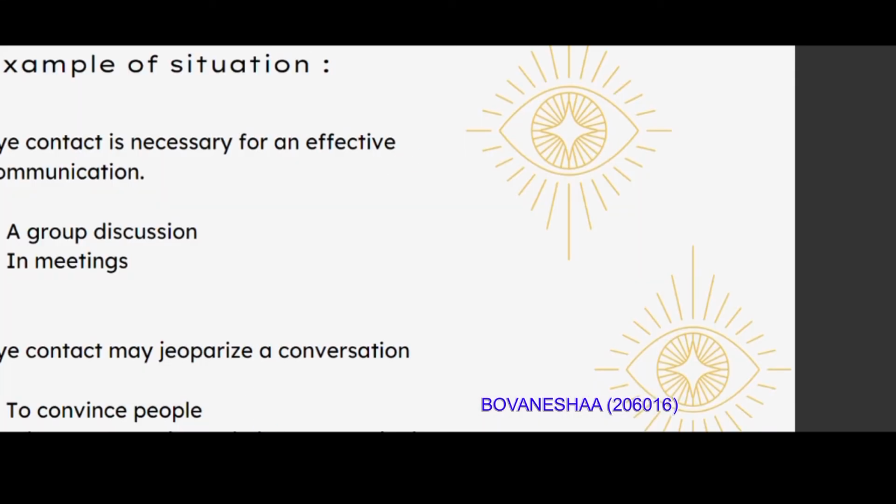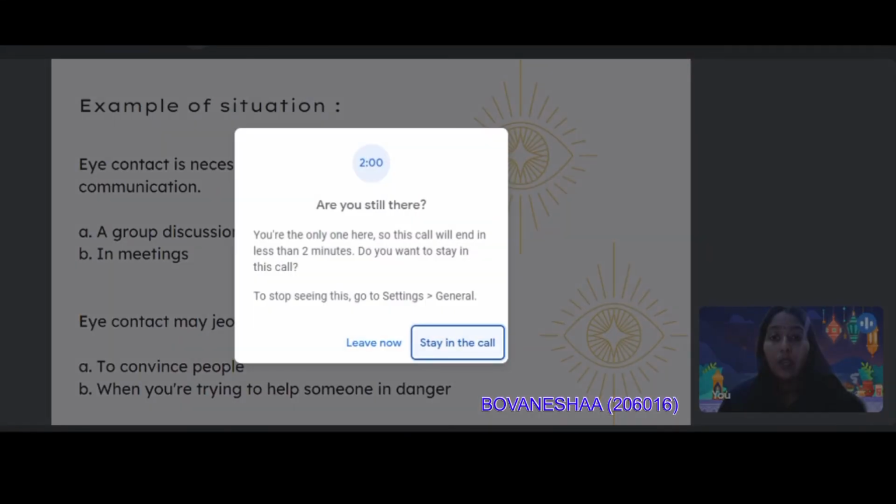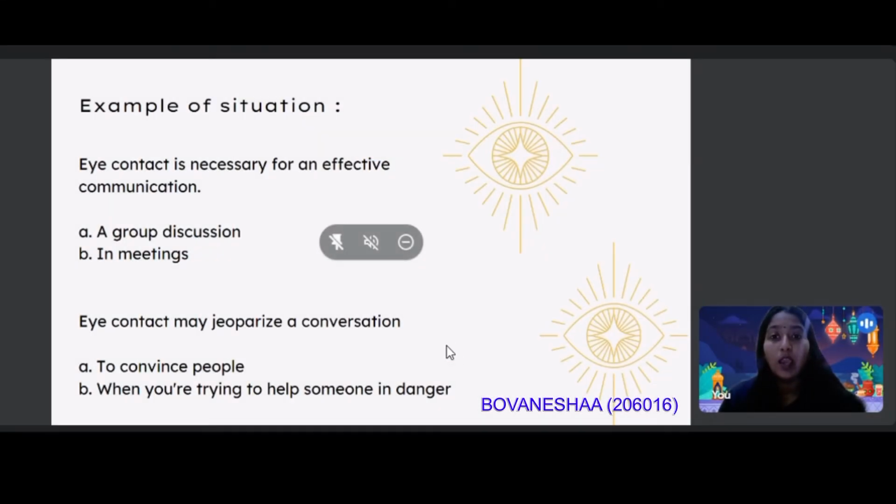Alright, these will be some examples of situations where eye contact is necessary for effective communication. In my opinion, eye contact is necessary for effective communication in situations like a group discussion. When a few people are discussing among themselves, they really need to engage to bring a conclusion with a good idea.